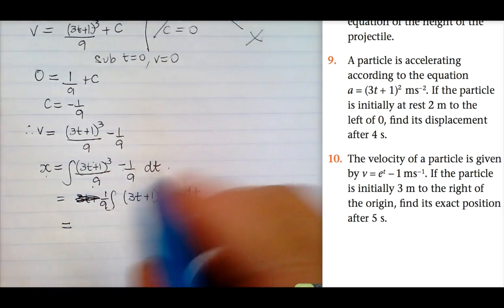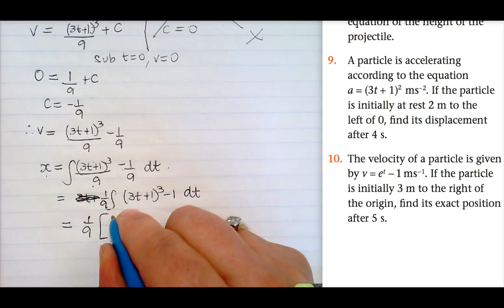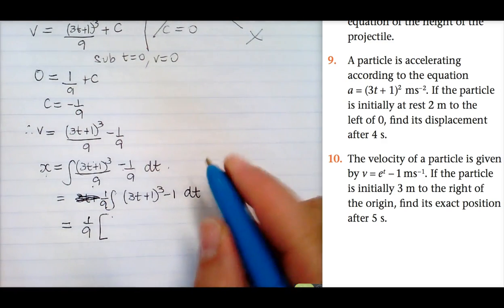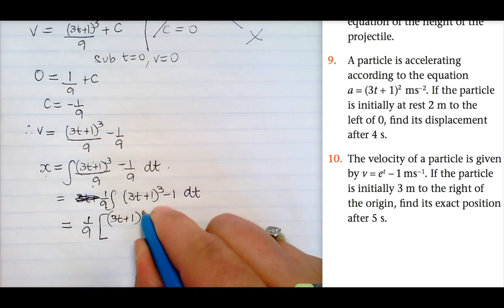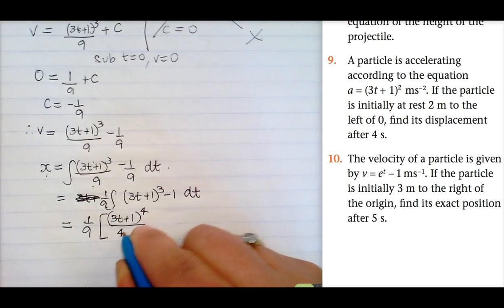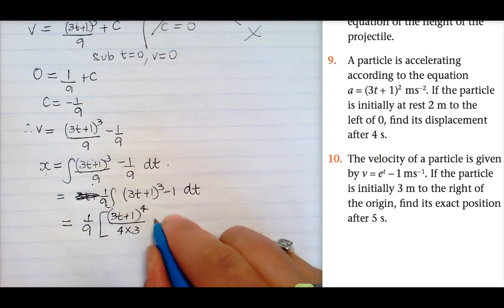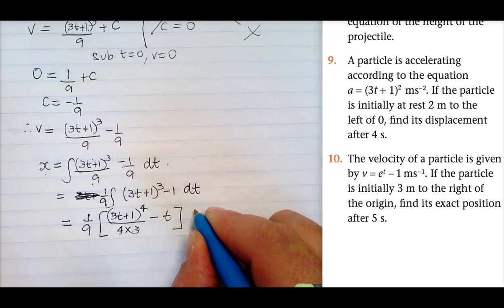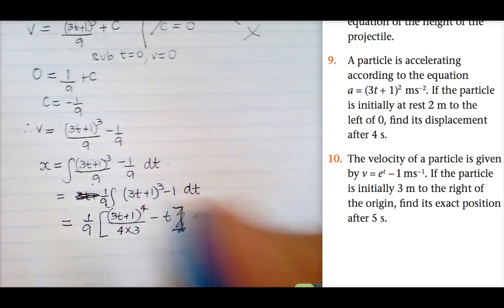So it's 1/9 times, be careful, 3t plus 1 to the power of 4 over 4 times 3, minus t. Plus c. Yeah, plus c. Normal brackets, I've just put square brackets.